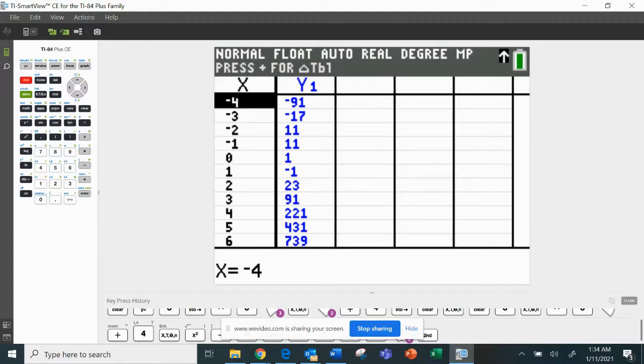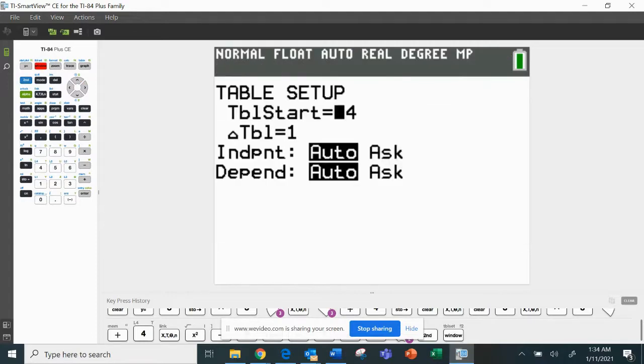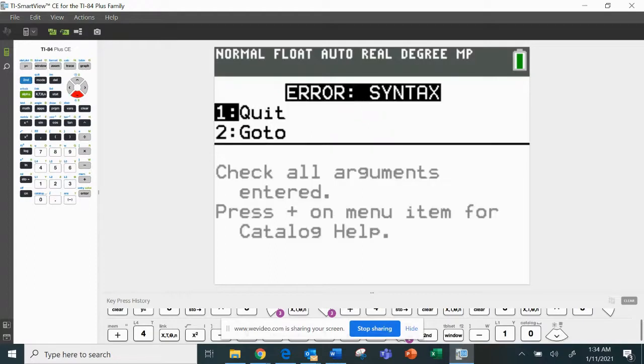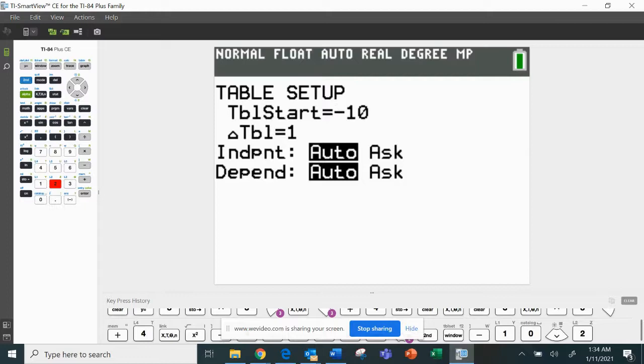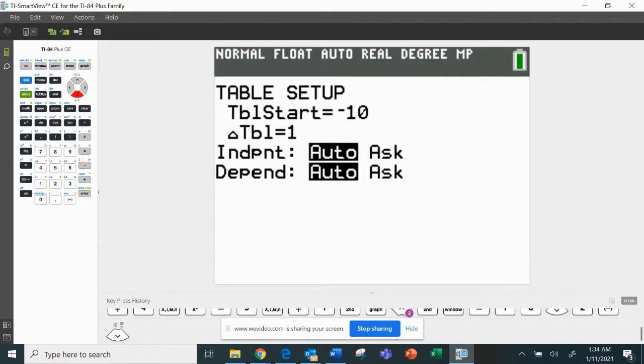You can do second window, which is table set. You can tell it what number to start at. So if I want to start at -10, sorry, I can't type negative on the keyboard. There we go, -10.